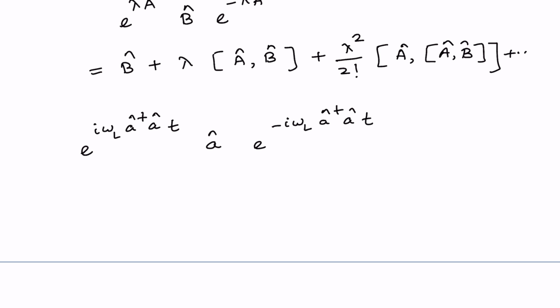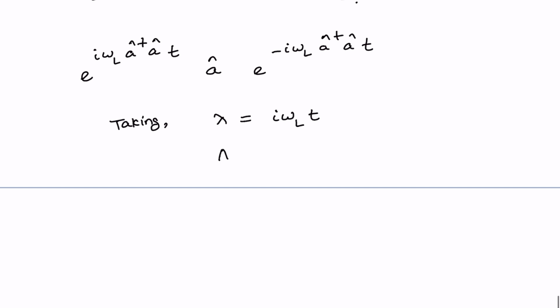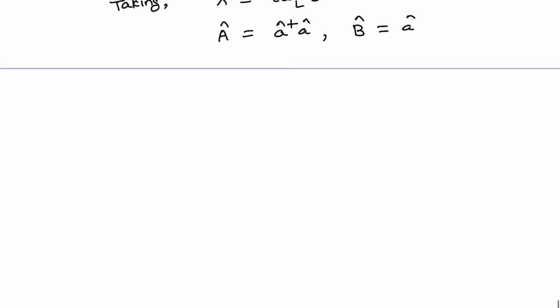Let me first work out this. By the way, before I do that, let me take lambda equal to i omega_L t, A equal to a† a, and b equal to a. Then I can put it in the Baker-Hausdorff formula.